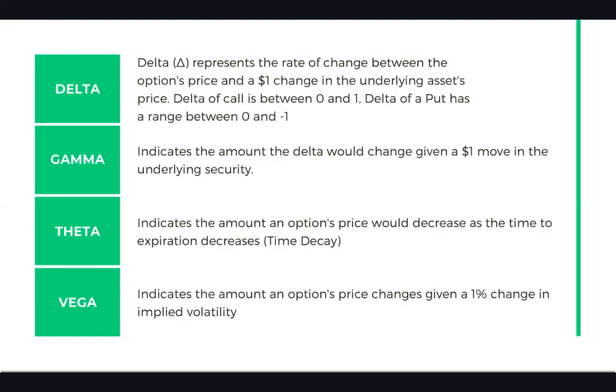For the call, we need the stock to go up. For the put, we need the stock to go down. So like that, the option will become more expensive and we can sell it for a higher price. So here, why will the implied volatility be so important? Because when we trade options, we trade the probability to make profit.